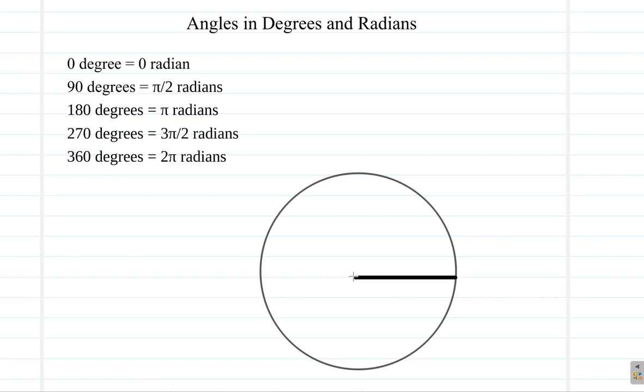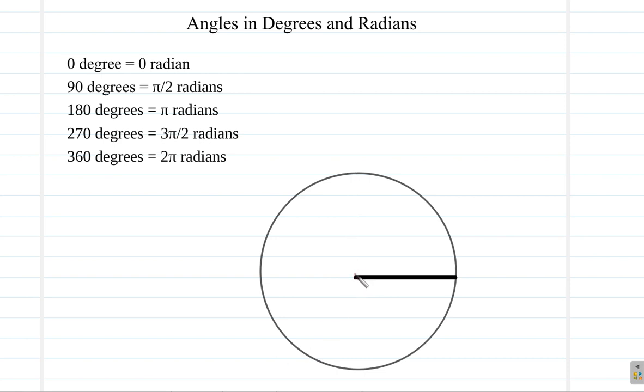Now suppose you have two of these radii. You have another radius here. You can see that the angle between them, remember, is 90 degrees. You see that?